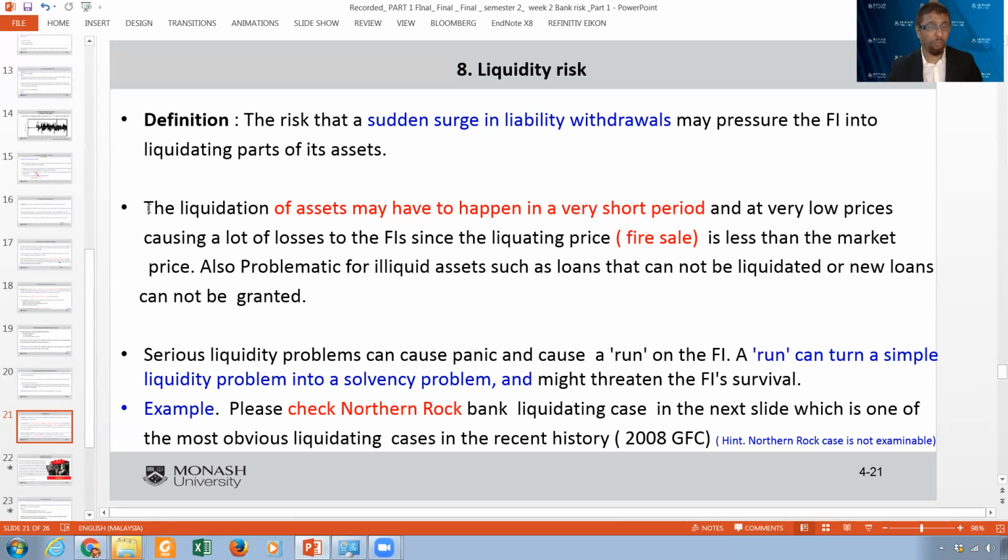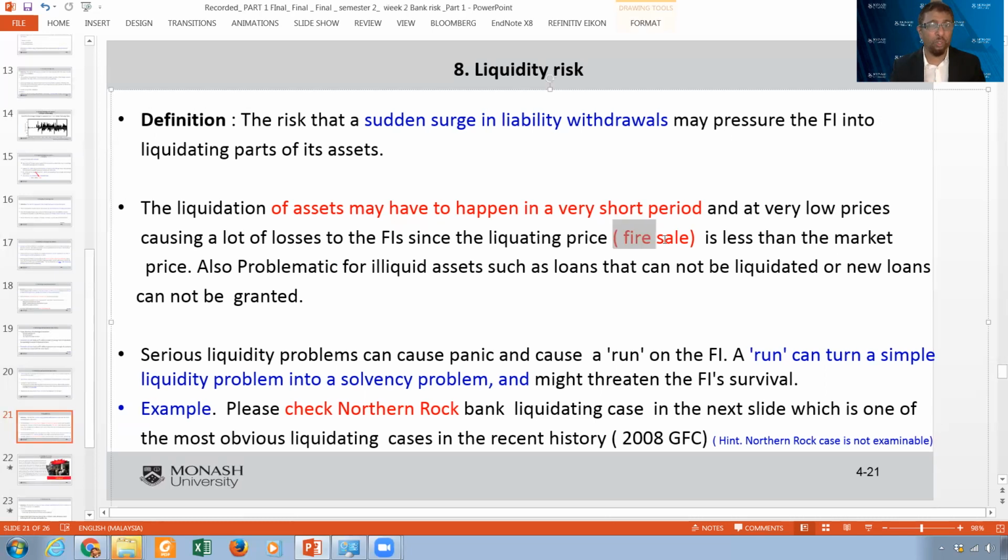For example, with mutual funds, if there is a huge liquidation caused by the required withdrawal of the investors, you have to sell the whole mutual fund. And when you do it fast, this is the problem. There will be something called a fire sale, and in a fire sale, you have to sell below the market price. Why? Because you are rushing, because you have a liquidity problem.